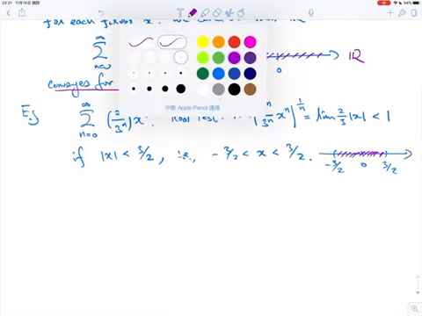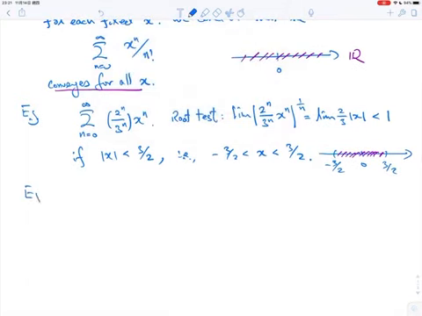And you can slightly twist the example by considering the same series, same coefficient, but with, let's say, (x minus 2) to the power n, where n goes from 0 to infinity. So this looks like the last one, but x is shifted by 2 to the right.